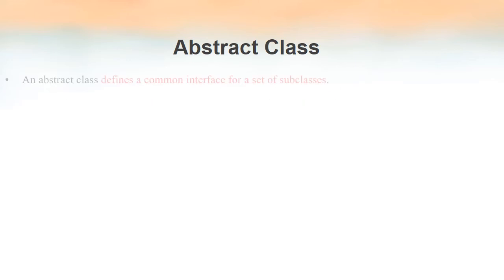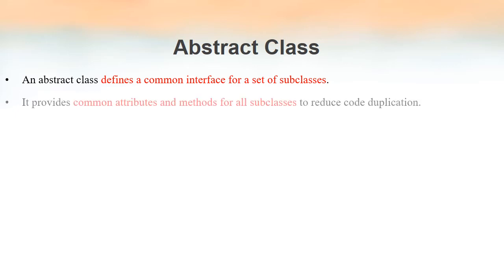As mentioned just now, an abstract class is defining a common interface for a set of subclasses. All the subclasses will have the specified common interface. Common interface means it will have the methods and attributes common to all subclasses. So if you want to create some subclasses in which there has to be a certain number of methods common to all, then we can define a class as an abstract class, and we can make the other classes inherit this abstract class.